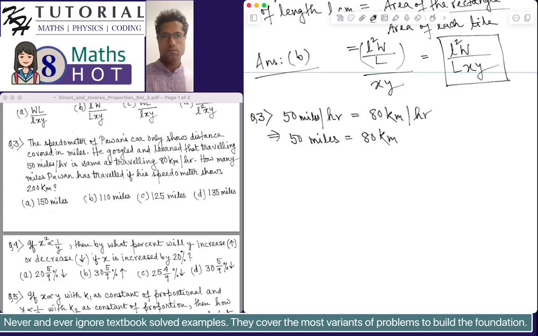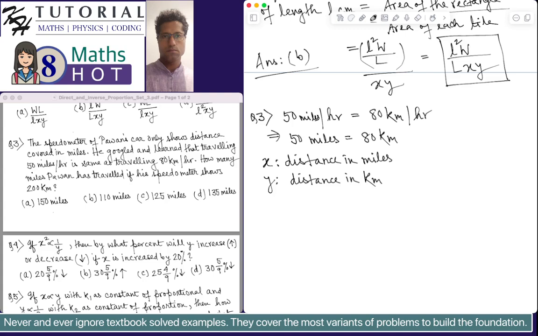If you consider x to be the distance in miles and y to be the distance in kilometer, then since the physical distance is the same, the more the distance in miles, definitely the more that distance will be in kilometer.